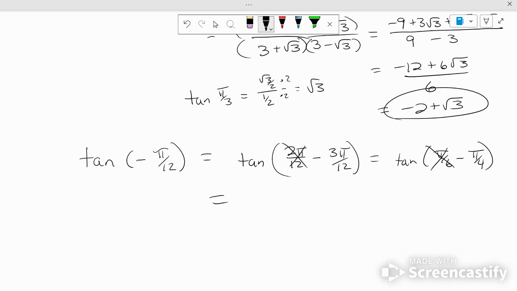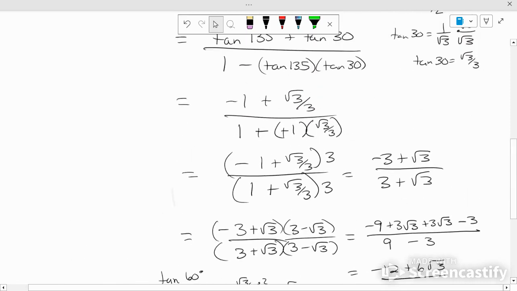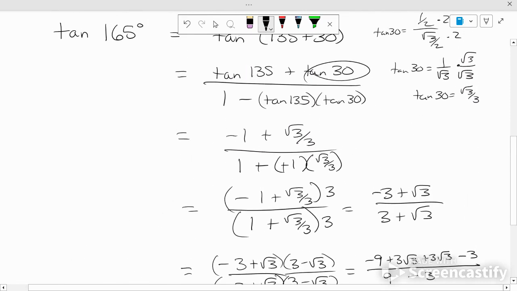No fractions there. So if I can use a pi over 3, or tangent of 60 degrees, in other words, if I can use the 60-degree angle or the 120-degree angle, that's a whole lot better than using a 30-degree angle or a 150-degree angle. Just saying. So we don't have the fractions involved.